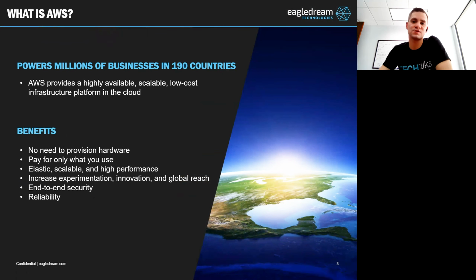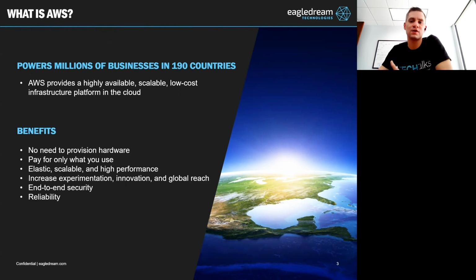So what is AWS? AWS is the largest public cloud provider in the world today. They power millions of businesses across the world, from very small startups to very well-established large enterprise businesses. And I think the most important thing to understand with AWS is that anybody can realize some of these benefits right out of the gate.